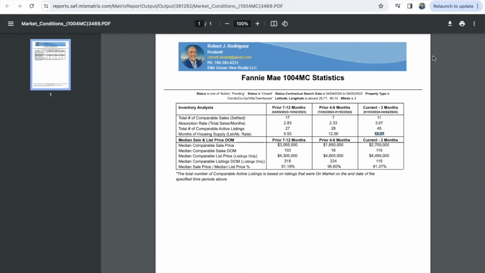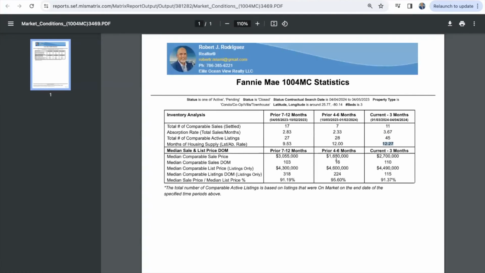And our prices are, as it states here, from $3 million down to $1.5 million, now up to $2.7 million. And our asking prices are from 4.3 up to 4.6 down to 4.5. All right, and those are for 3-bedroom condos south of Fifth Street.